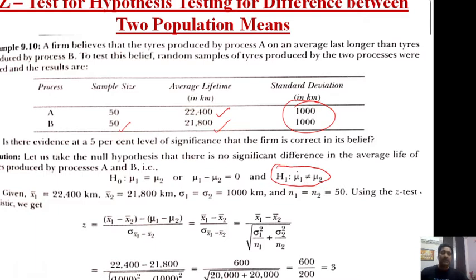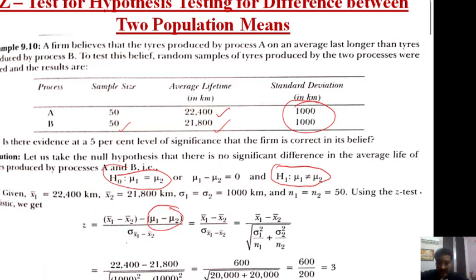Population means are the average lifetimes of tires produced from process A and process B. Now the Z statistic is calculated as x1 bar minus x2 bar minus (mu1 minus mu2), and always this mu1 and mu2 would be written under the condition of the null hypothesis, mu1 equals mu2. If mu1 equals mu2, then this becomes 0, so your Z statistic remains x1 bar minus x2 bar.